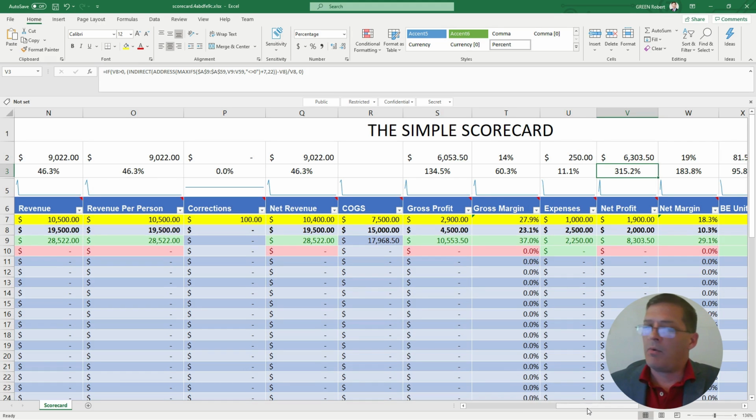Now, I want you to put your numbers into this spreadsheet. I want you to create an experiment and find out what it would do for you if you increased your leads by 10%, if you increased your conversion rate by 10%, if you increased your number of transactions by 10%, if you decreased your cost of goods sold by 10%, if you increased your price by 10%, how would these impact your business?